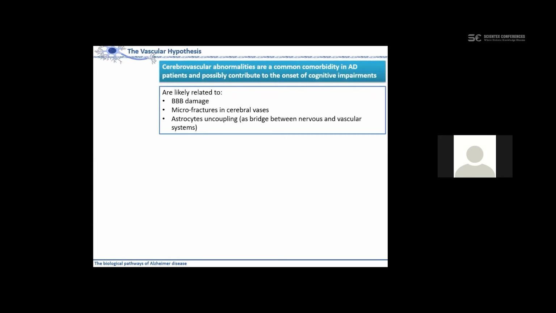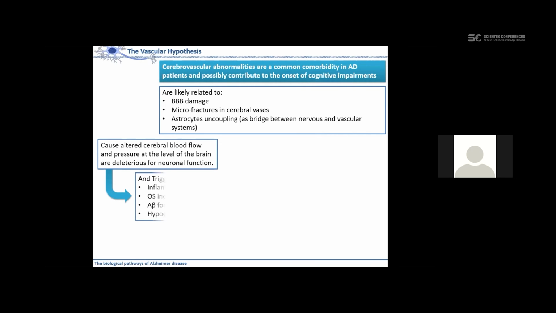If we take into consideration the vascular pathway, we know that in patients with Alzheimer's disease, cerebrovascular abnormalities are a common comorbidity. This may contribute to the onset of cognitive impairment and dementia. Altered cerebral blood flow and pressure at the level of the brain induces vascular dysfunction.